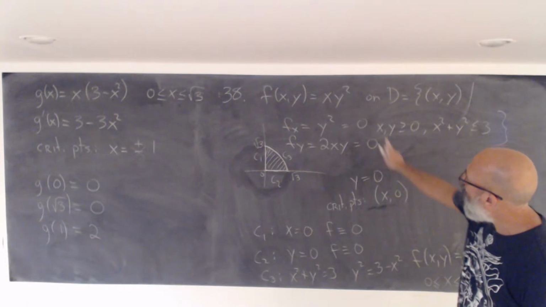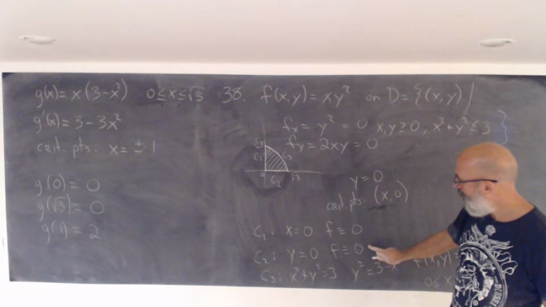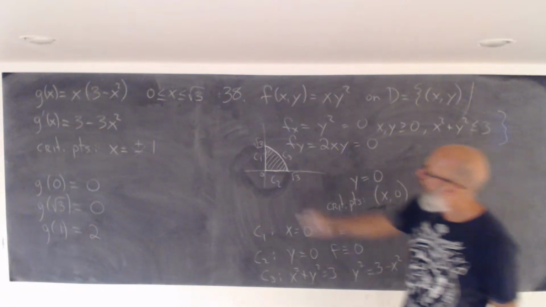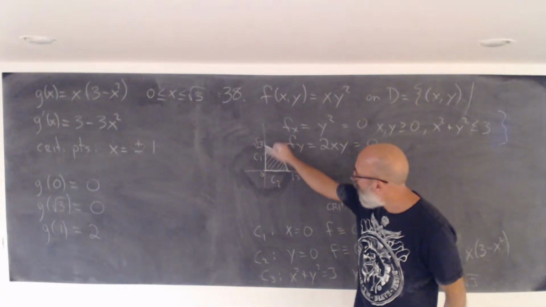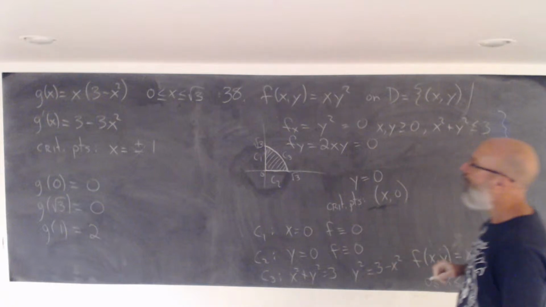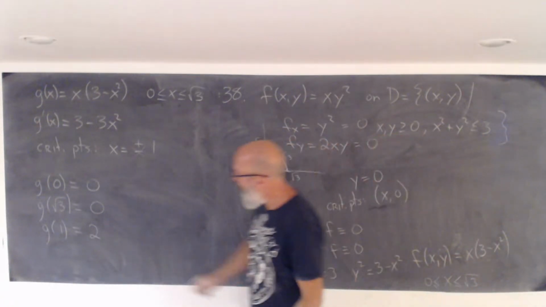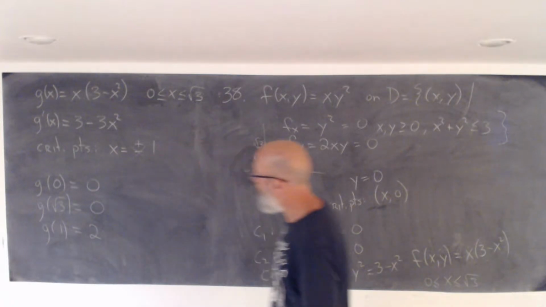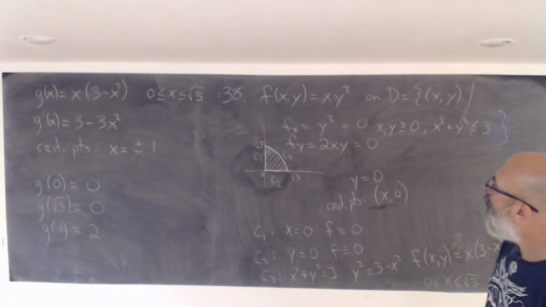On your critical points, the function was always 0. On this boundary, which is the same, function was always 0. On this boundary, function was always 0. And on the boundary C3, we had a maximum of 2. And there it is.